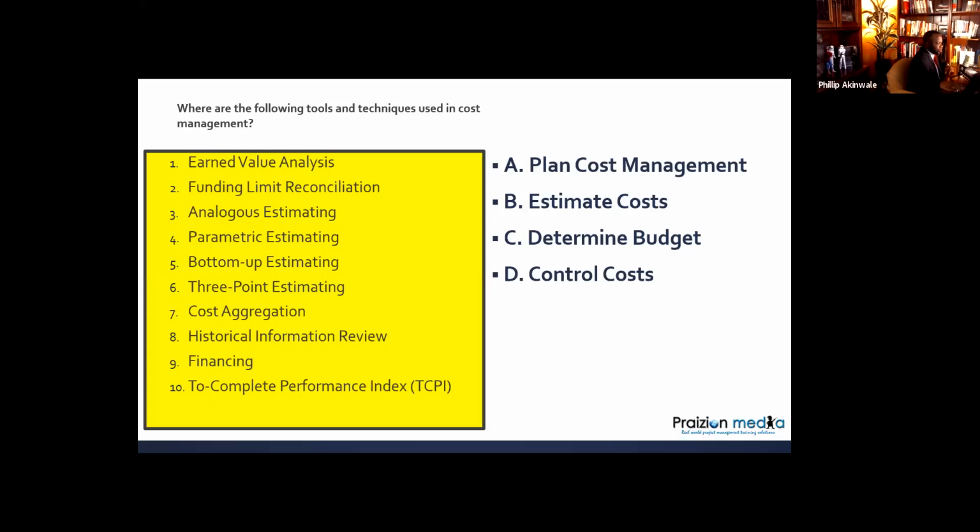All right, 3, 2, and 1. Here we go. Here are the results. Everyone aced it. Very, very well done.